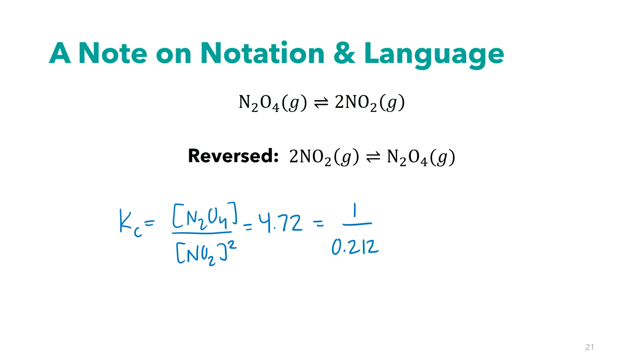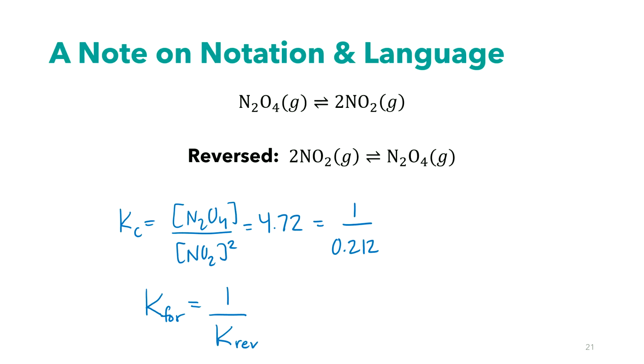I might write this as K forward equals 1 over K reverse. So that 0.212 was only for when I wrote the reaction in that original direction.